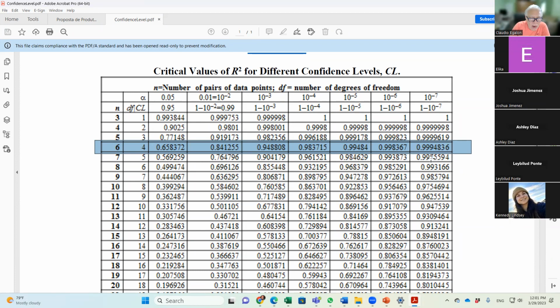It means that our R square is anywhere between this value here and the maximum value of R square, which is not on my table. The maximum value of R square is 1, okay? So your value is somewhere between this here and, to the right of this table. Then you go upwards, that will be the lower bound of my CL, right?